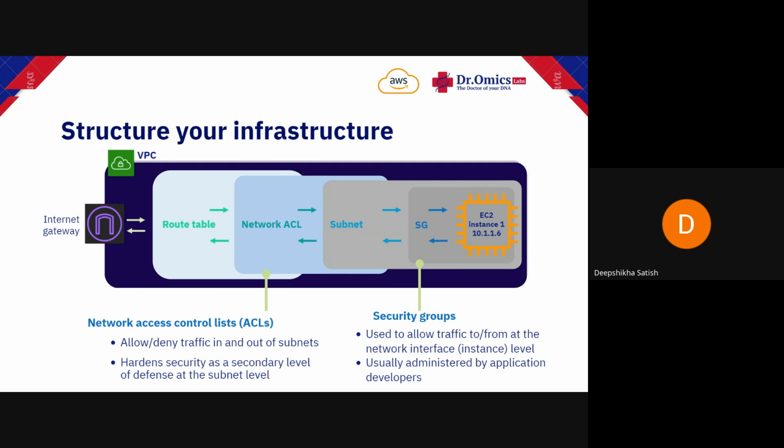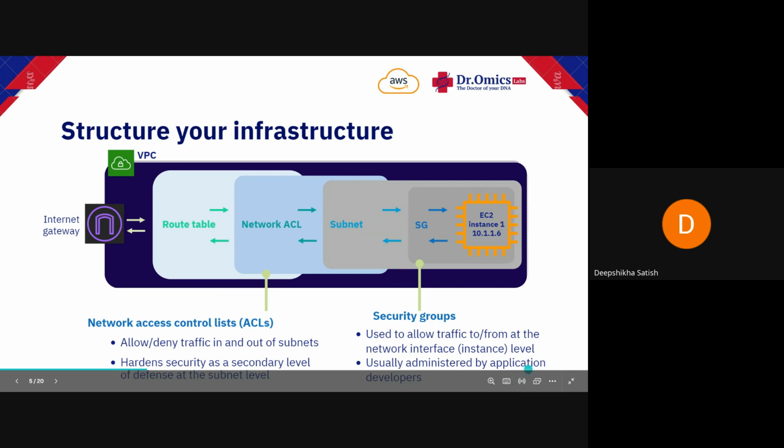For example, public subnets have routes directing internet-bound traffic to the IGW, while private subnets use a NAT gateway if they want to access the internet without allowing connections from it.